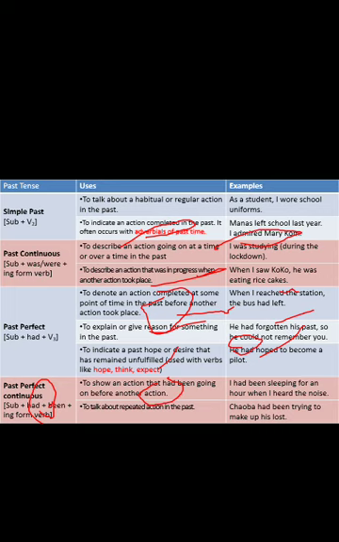Then how are we going to differentiate? Whenever you use past perfect continuous, you are supposed to have a since, and that earlier action should have a sense of ongoing progression.